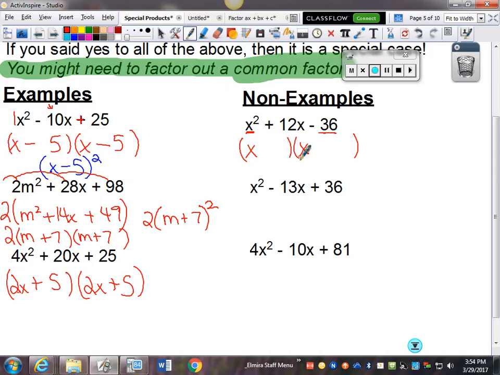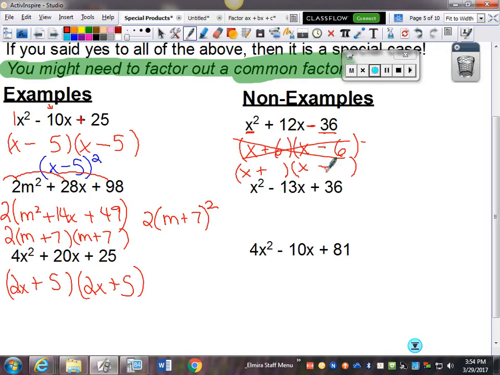But it's not going to be a special case. The only way I would get a minus here is if the signs were different. And special case would mean they're both 6's. But if I make those both 6's, I won't get 12x as a middle term because a plus 6x and a minus 6x would cancel each other out. So that didn't work. So you could try regular factoring.